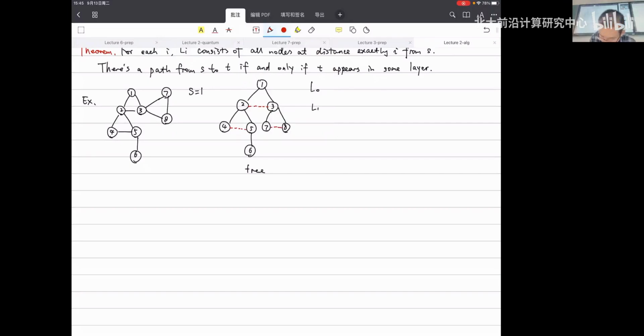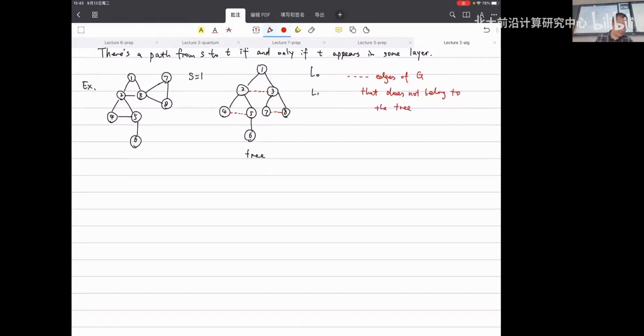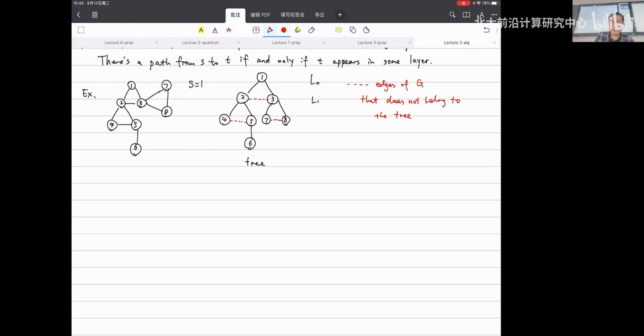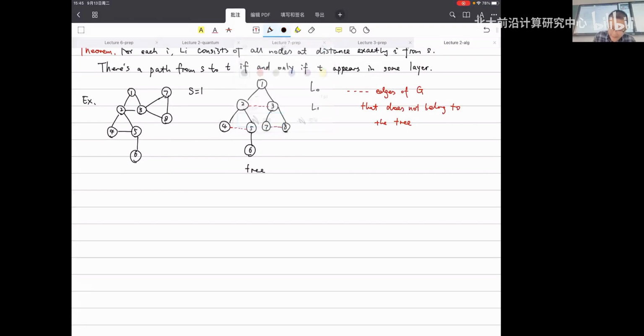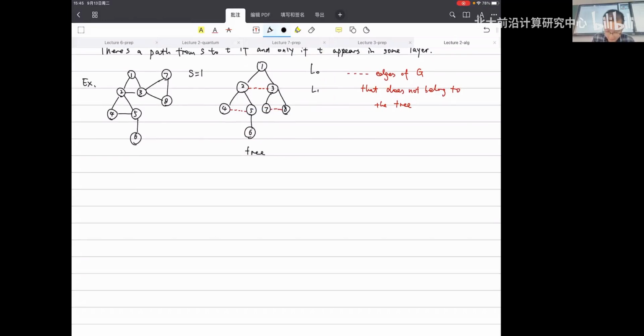So we use this red color to represent edges of G that do not belong to the tree. In any case, if you want to consider the ST connectivity problem, this structure gives you a clear sense of the shortest distance from S to the corresponding vertex here.